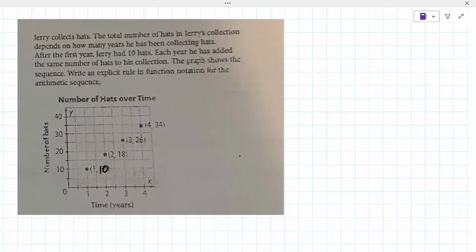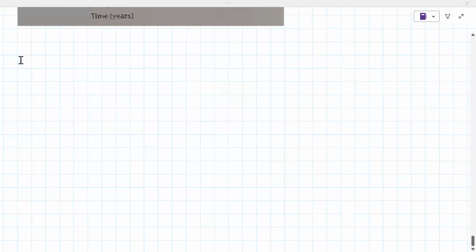So f of n equals 2 plus 8n. Good. Let's do that one on the left there, the seats. You can sort of see the pattern here.